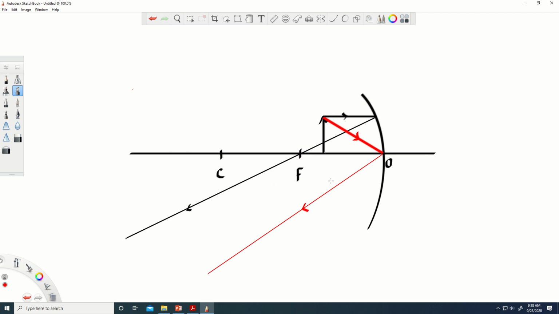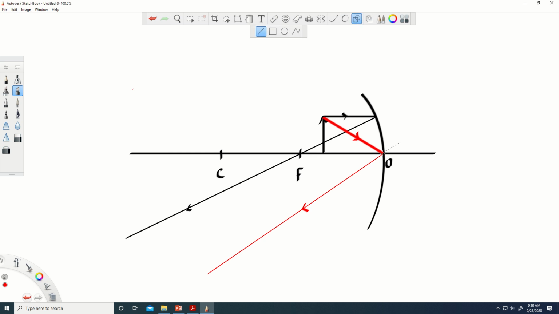Now I need to find out where the image is formed. To find the point where the image is formed, I need to see where these reflected rays intersect. Where do you think they will intersect? They will not intersect on this side, right? They will just be diverging. No matter how far I go, they will just diverge. So they will never form an image on this side. So that means I need to draw dashed lines to see if the image is formed behind the mirror.